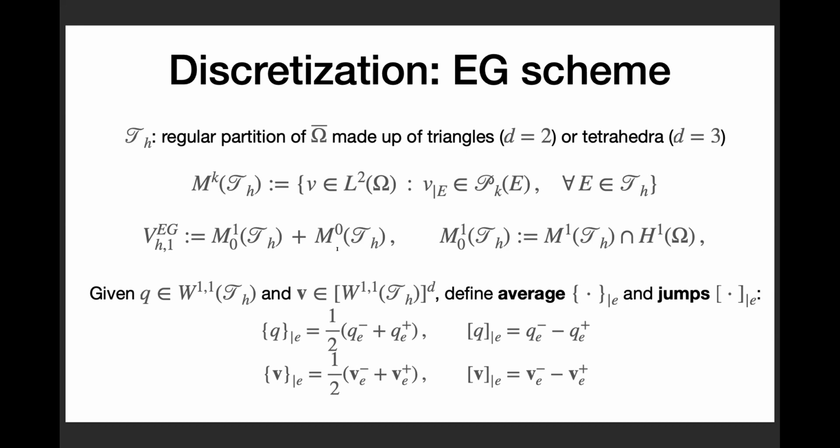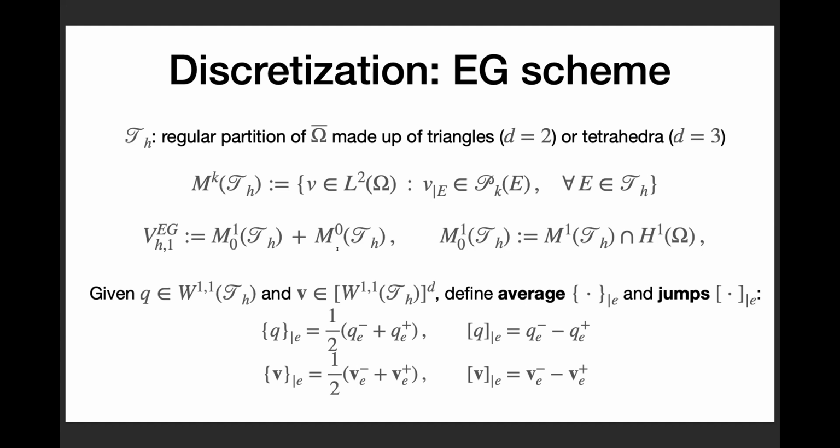So before showing you the scheme, I will introduce some notations that are common in the area of discontinuous Galerkin methods. We will denote in braces the average between two elements. We will have the edge e, the face shared by two elements, and the jumps are denoted in brackets.